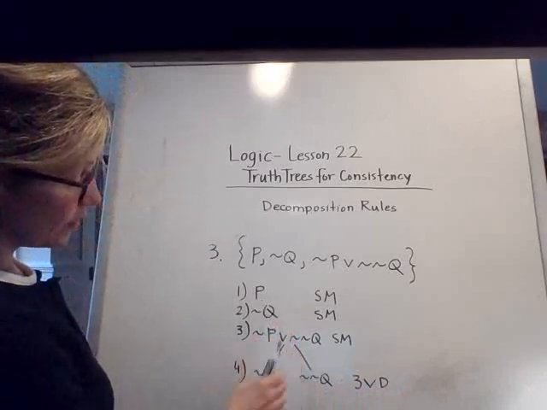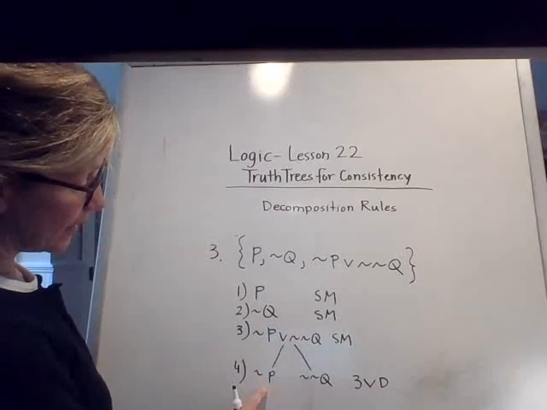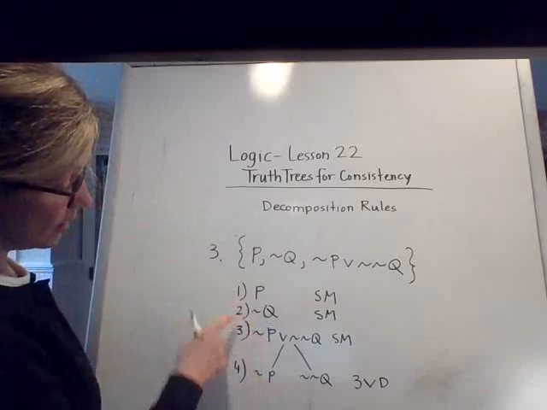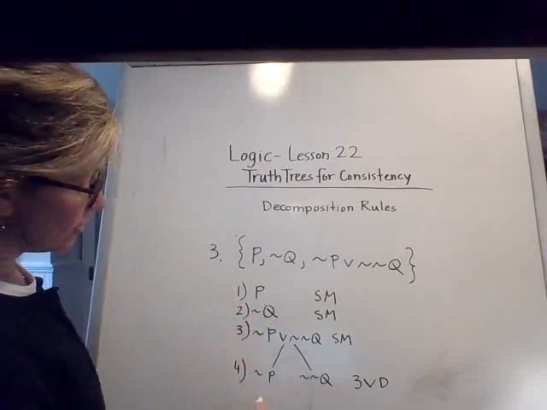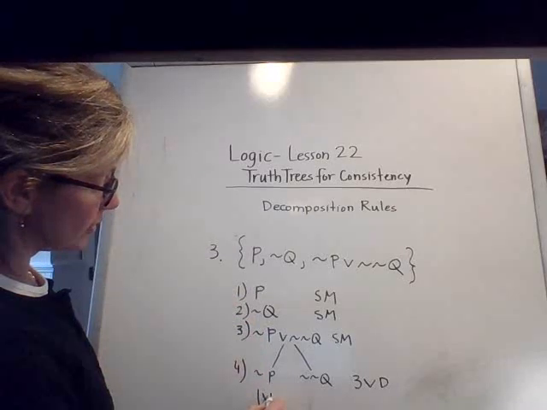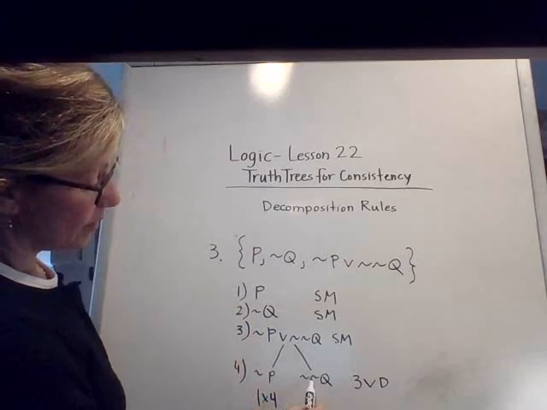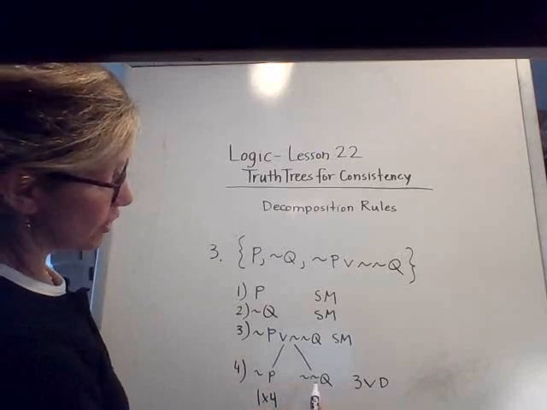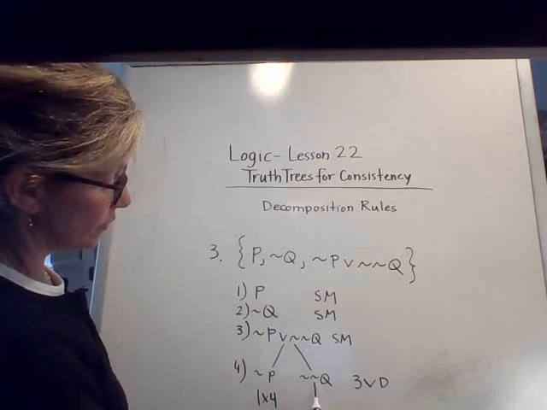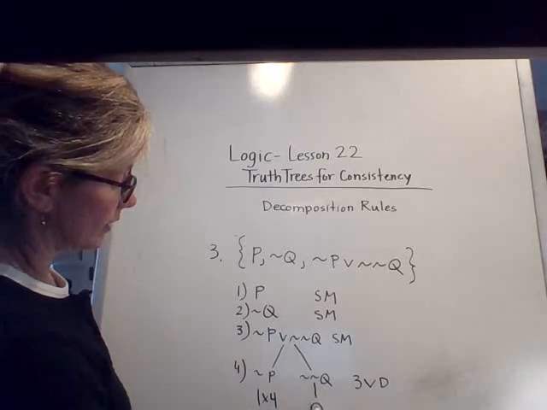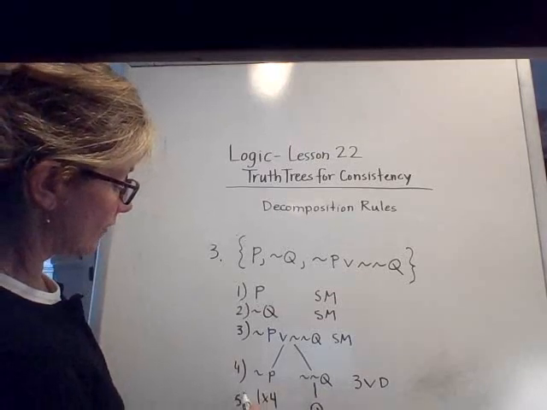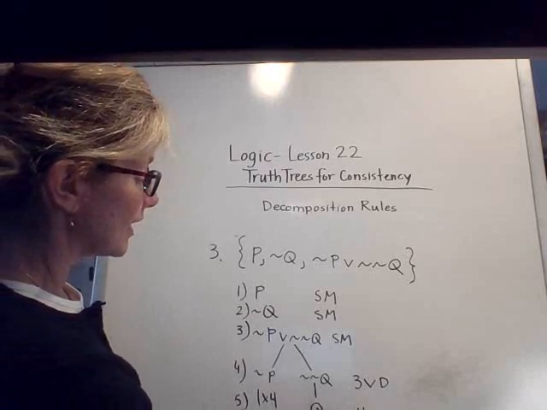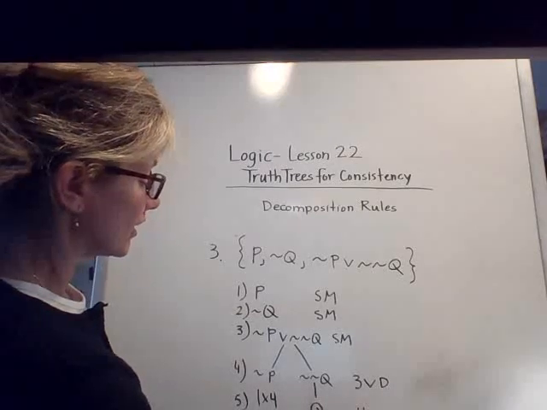All right, now this first branch here is actually finished, and do you see a contradiction? Yes, line 1 and 4, P and not P, that's a contradiction, so we're going to say 1 contradicts 4. And we can actually decompose this even further. A double negation of not not Q would be Q. So that's line 5, and we justify it: line 4, double negation, decomposition.